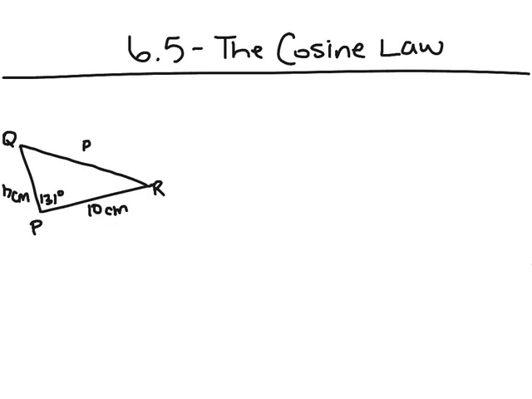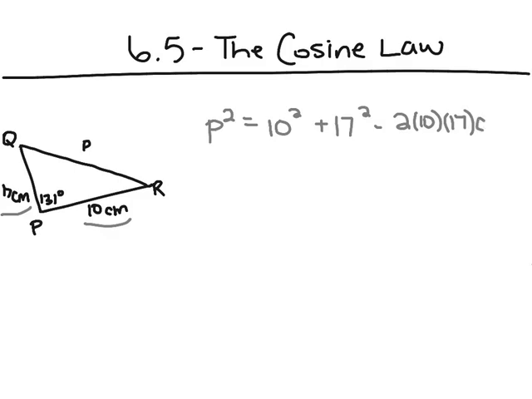So if we take the triangle PQR, we want to find the length of QR to the nearest tenth of a centimeter. So we're looking for p. So we're going to write in terms of p squared. So p squared is going to be equal to our other side squared plus this side squared minus 2 times 10 times 17 times the cos of our angle opposite p, which is 131 degrees.